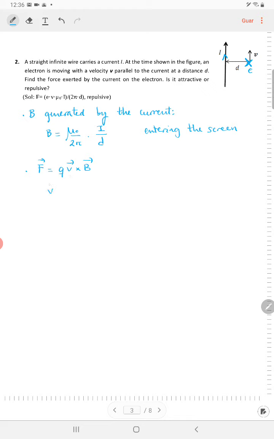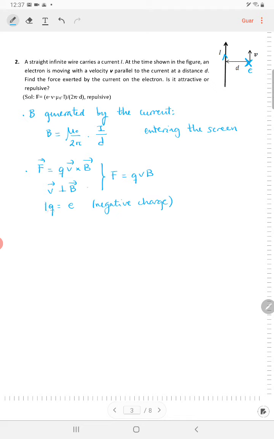The first thing to see is that v is perpendicular to the magnetic field. So we can discuss what the force is going to be, the modulus. This is going to be QvB. Q, we know it's an electron, so it's a negative charge. We have to take this into account to correctly know what the direction of the force is going to be.